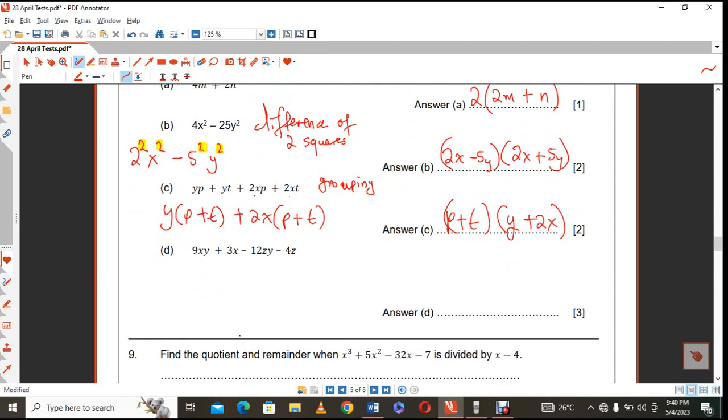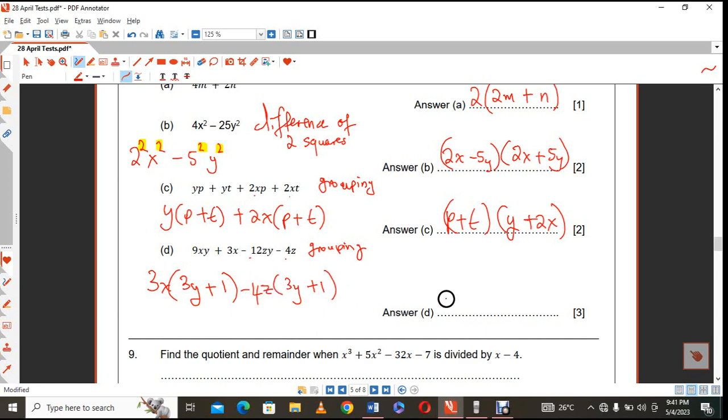Okay, when you look at the second one, it's also grouping, but you have a little bit to deal with a negative term. So here, between these two, obviously 3x is common, and that's going to give you 3y plus 1. So you also expect 3y plus 1. Okay, so what you need to take out here is a common factor of negative, so negative is also common, and negative 4z.